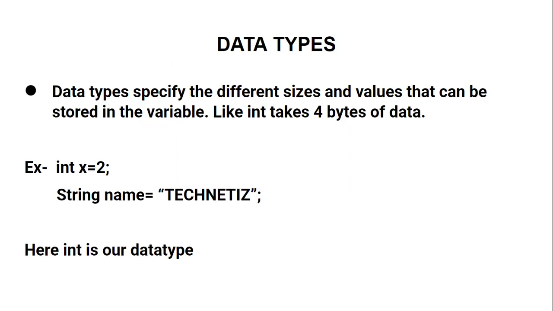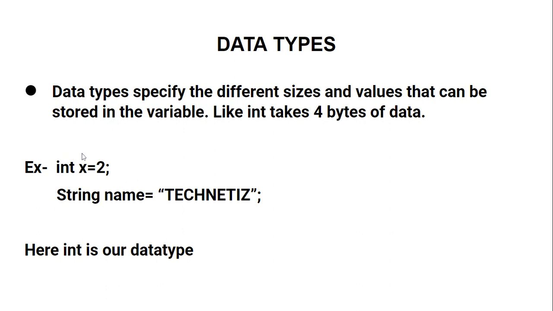So let's start. Data types are nothing but, see, there is an example: int x = 2. If you have seen our previous video, then you definitely know x is our variable. Before x there is the word int, meaning integer. So x has integer kind of data, and x has a data type of integer.